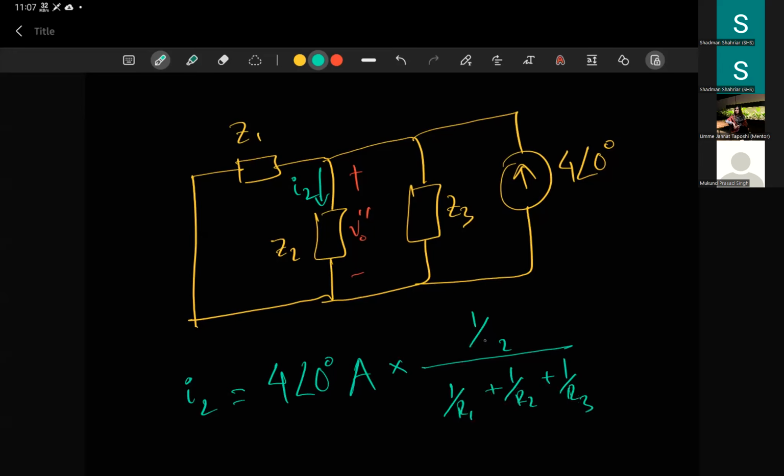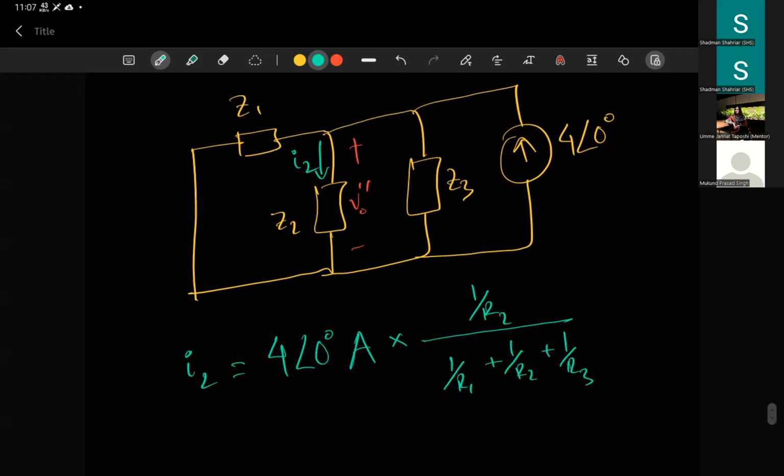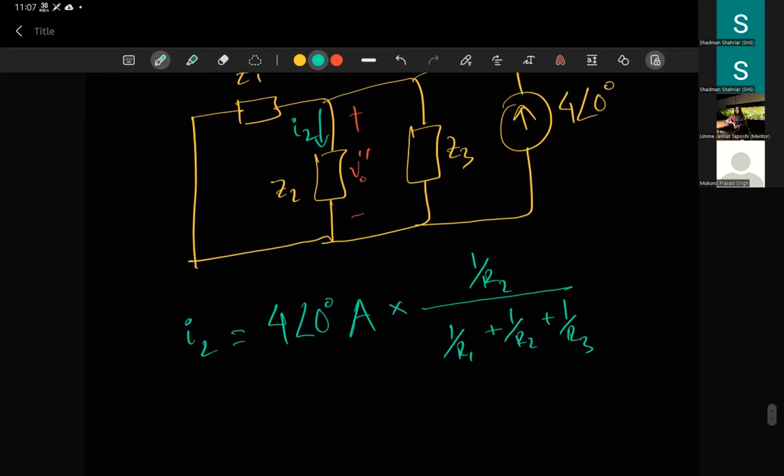Remember that for current divider rules, the general formula is actually the inverse of resistors, okay? So please remember that. Because, okay, let me just sidetrack a bit.